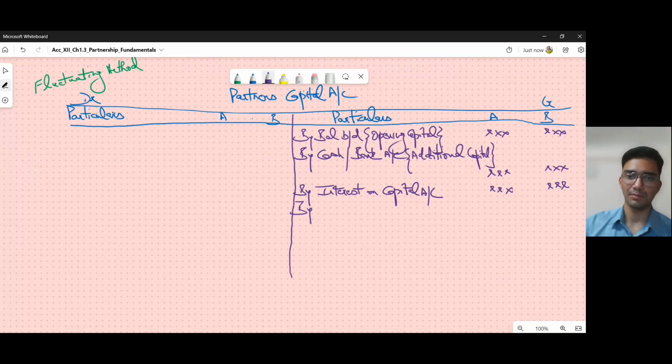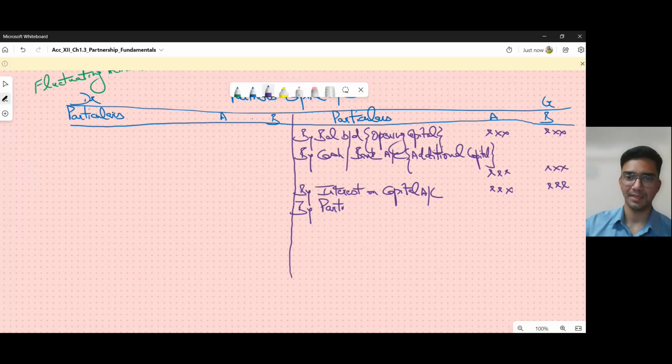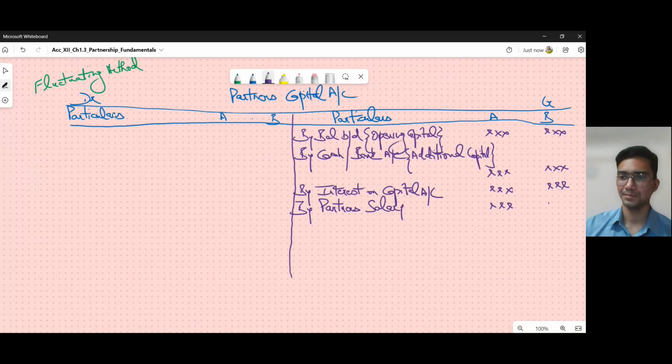Next we wrote by partner's salary. So let's write that as well in the amount section. Then we gave commission, so by partners' commission, whatever may be the amount.